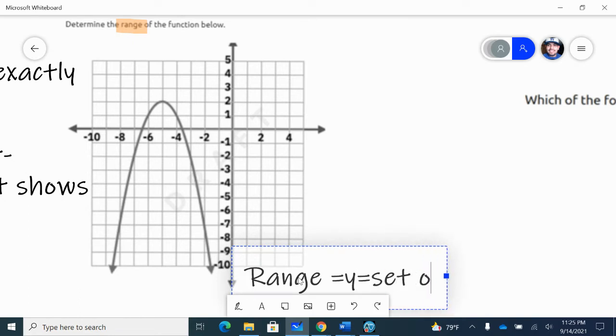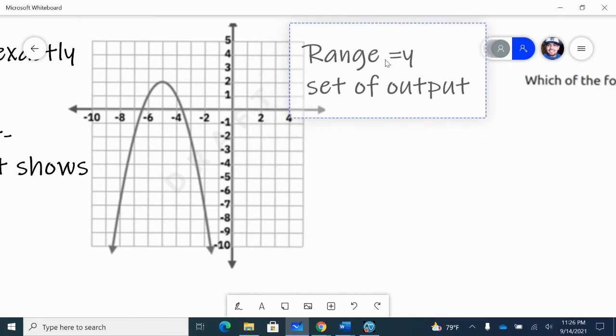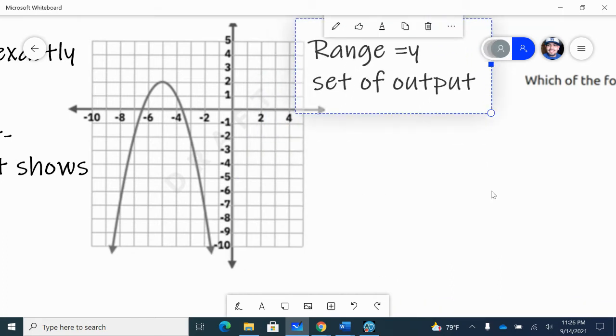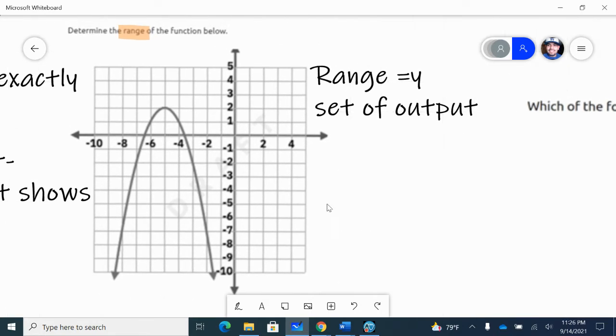Now, I know you're tempted to say, "I still don't know the graph, so I shouldn't get this wrong." But if you take the time to analyze what you're doing, it's not that difficult. Even though it looks like an upside down U, a parabola, a quadratic, we still know what a range is. Range is a set of outputs.